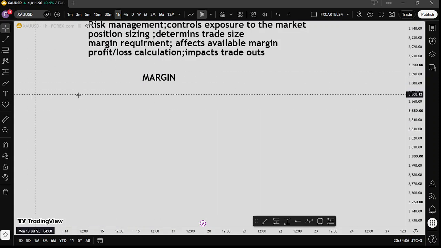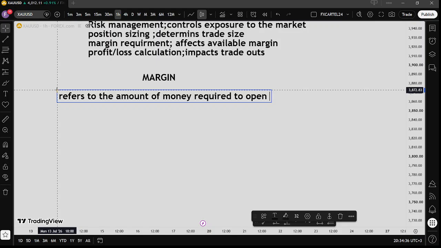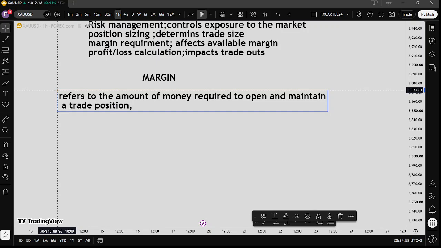Margin refers to the amount of money required to open and maintain a trade position.